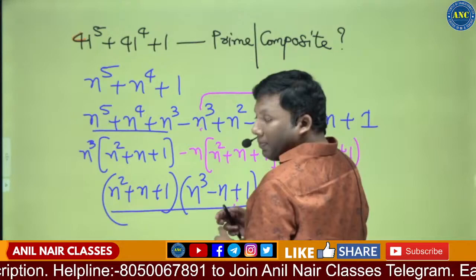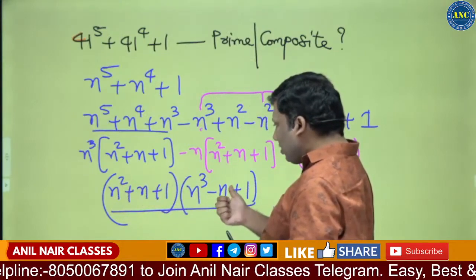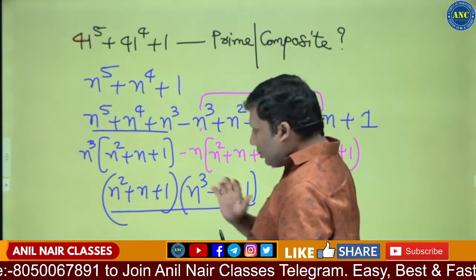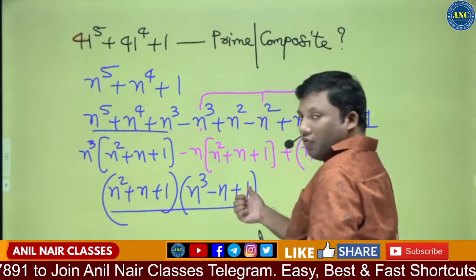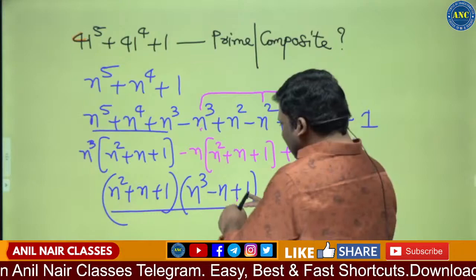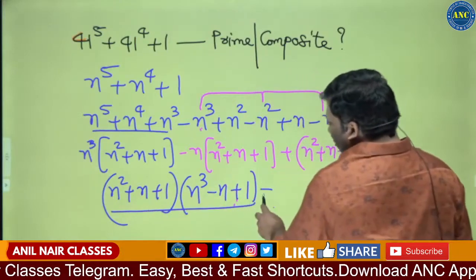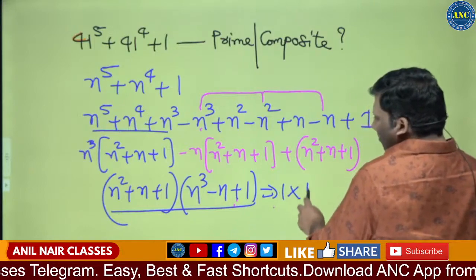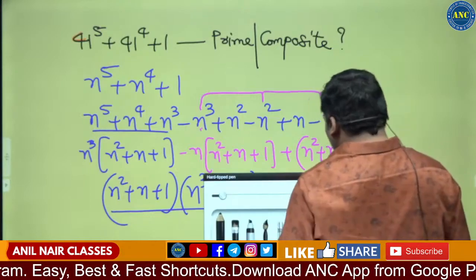Here n square into minus n cube plus n cube also got cancelled. The n square into 1 plus n square minus n square also got cancelled. 1 into n plus n minus n is cancelled. This should be either 1 into p or p into 1.